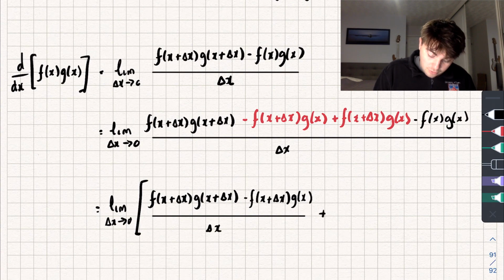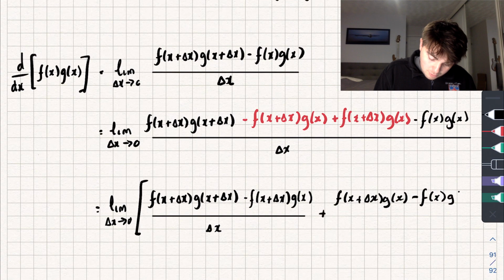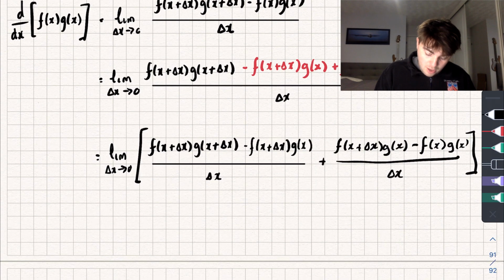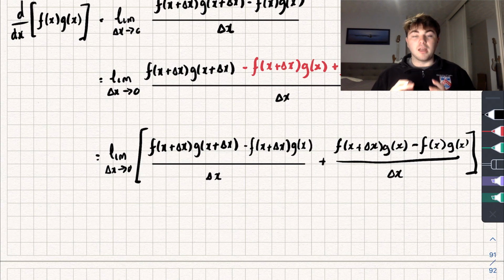Then I'm going to add on this second part, so f of x plus delta x multiplied by g of x, subtract f of x multiplied by g of x, and that is all over delta x also. So from here, I can distribute that limit across the two terms.